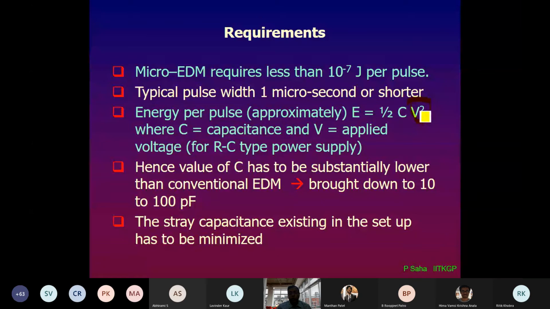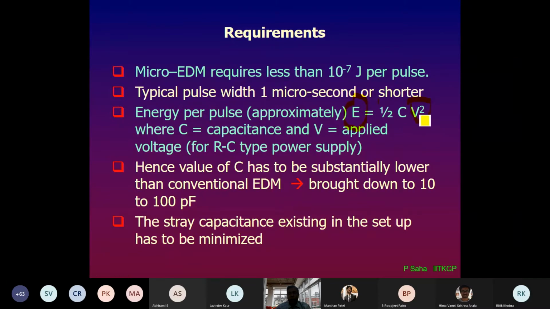Of course, this voltage will be somewhat less than the voltage of the applied pulse, because it may take infinite time to reach that. But before that, the condenser gets discharged because of the gap conditions, as there will be breakdown in the gap.